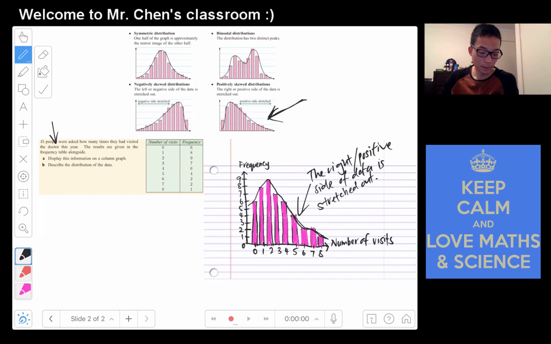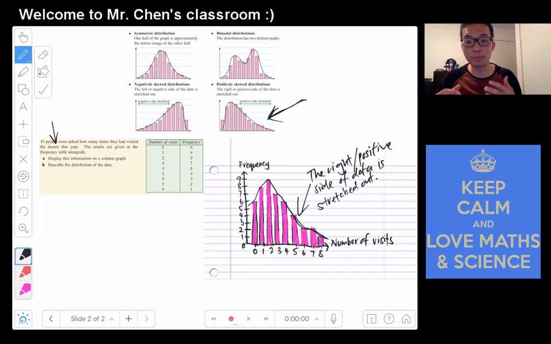It tells you that many people are generally healthy, and however a few people went to see doctors quite more, 7 or 8 times. That's how you can read the data through the distribution.